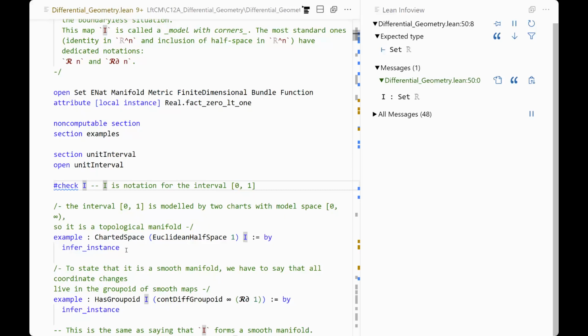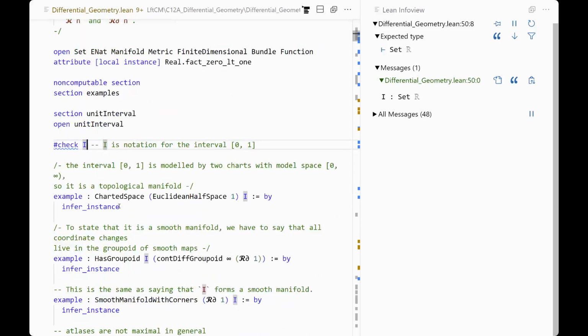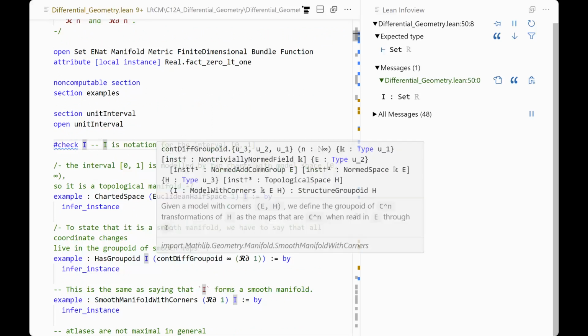And to say that it is a smooth manifold, we have this different predicate. So we have to specify that if we take the composition of two charts, then this lies in some groupoid. And to say that it's a smooth manifold, it has to lie in the groupoid of smooth maps. So this contDiffGroupoid is the groupoid of smooth maps, or at least of C^k maps, and then we apply it here to infinity, so that gives the C^infinity maps.